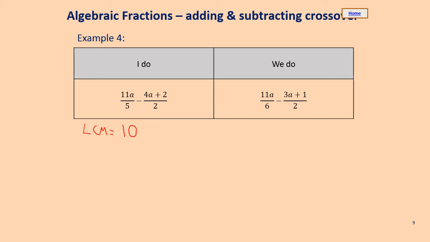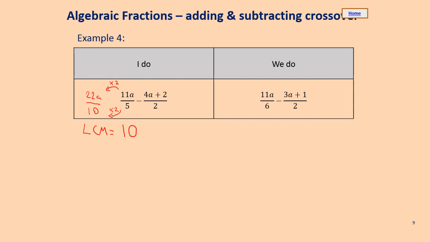So we're going to convert both these fractions to something out of 10. For the first one, it's 11a over 5. We want to convert it to something over 10. So we've doubled the bottom, so we need to double the top as well. So 11a times 2 gives 22a.